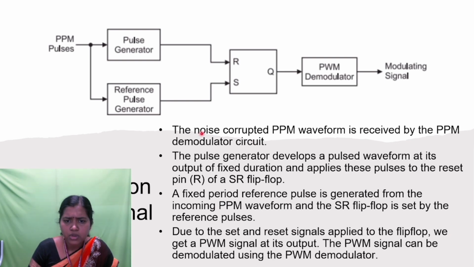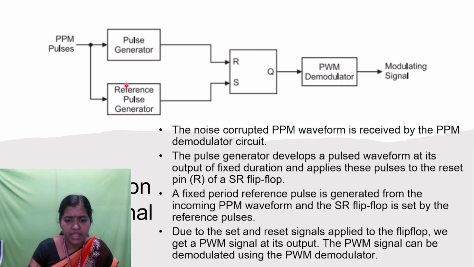The noise-corrupted pulse position modulation waveform is received by the pulse position modulation demodulator circuit. The modulated waveform is corrupted by noise because it is communicated over a very long distance. The pulse generator develops a pulsed waveform of fixed duration at its output and applies these pulses to the reset pin of the SR flip-flop.